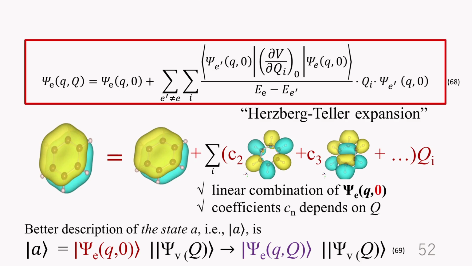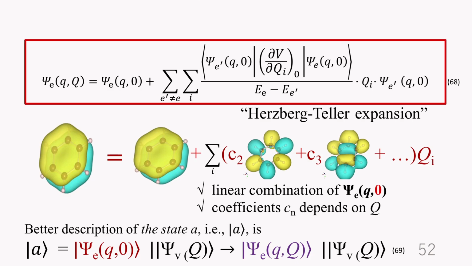So it's a linear combination of the static wave functions, and the coefficient depends on Q. Q means molecular vibration. Molecular vibration is not only one. For polyatomic molecules, there are 3N minus 6 kinds of molecular vibration.